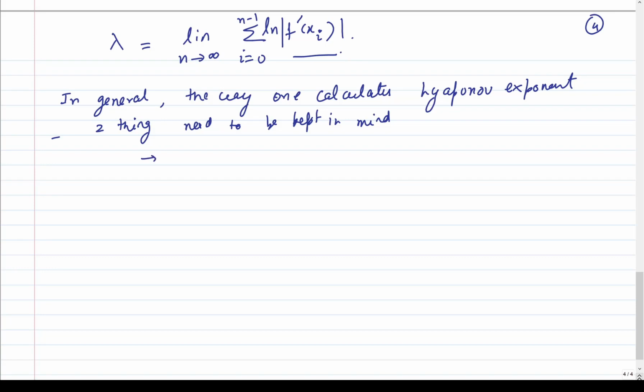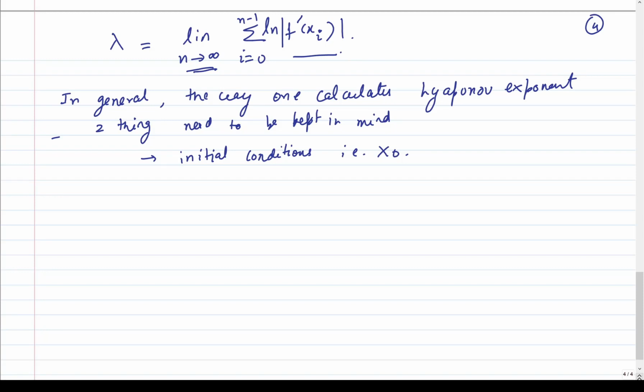Such a calculation in general, for finite n, we won't iterate to infinite n, would depend upon the initial conditions. That is x0.